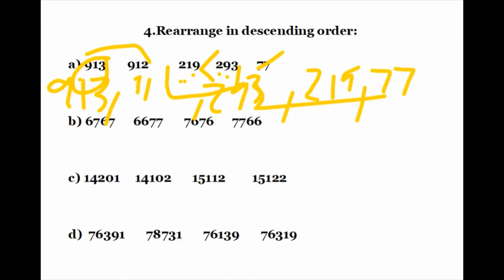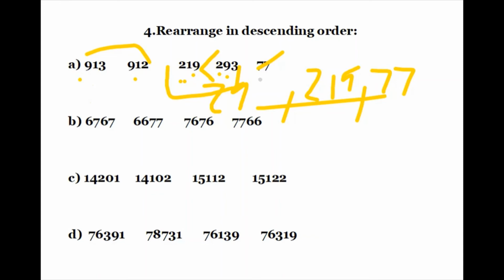4b. We can see that all the numbers have the same number of digits, so we move to instruction number 2. I'm just going to clear that so that we can see our numbers for 4b clearly. So descending order, we start with the biggest one and we go to the smallest one. The easiest thing is to look for the smaller numbers.